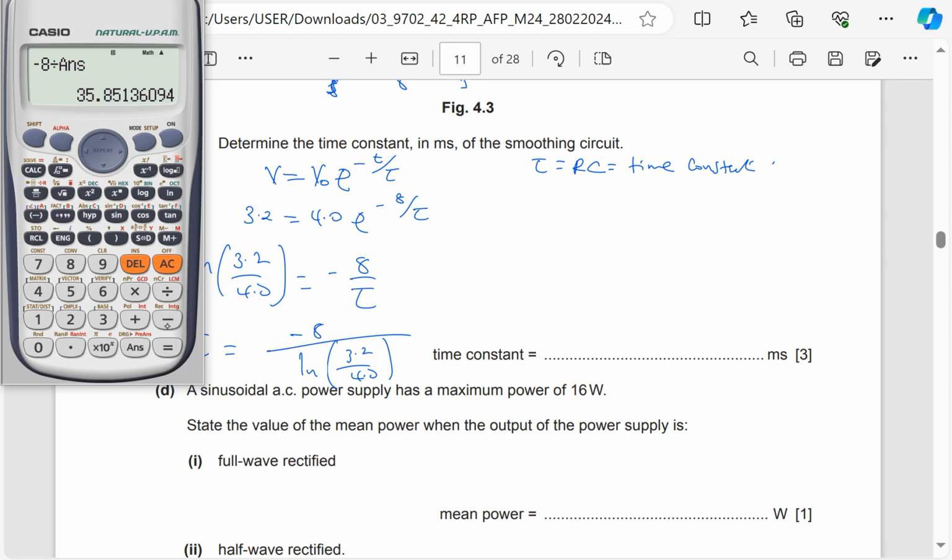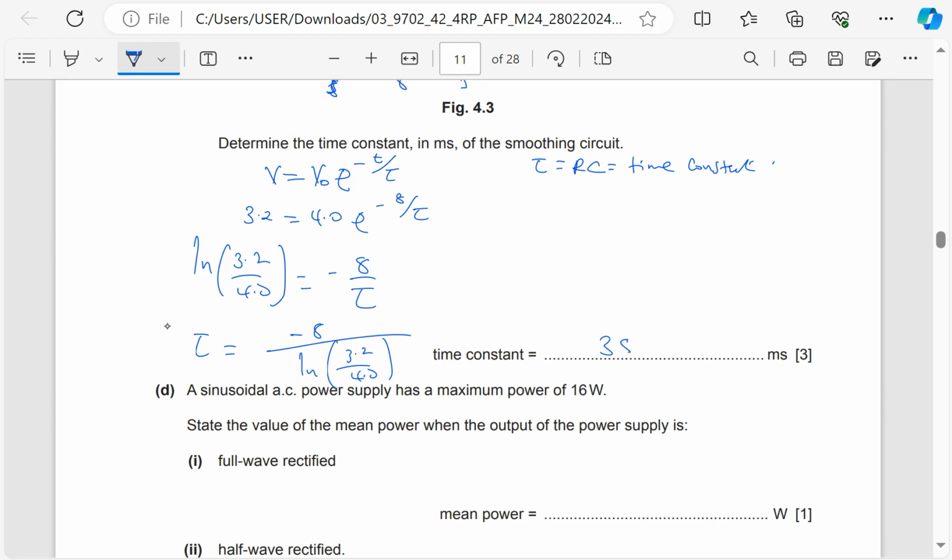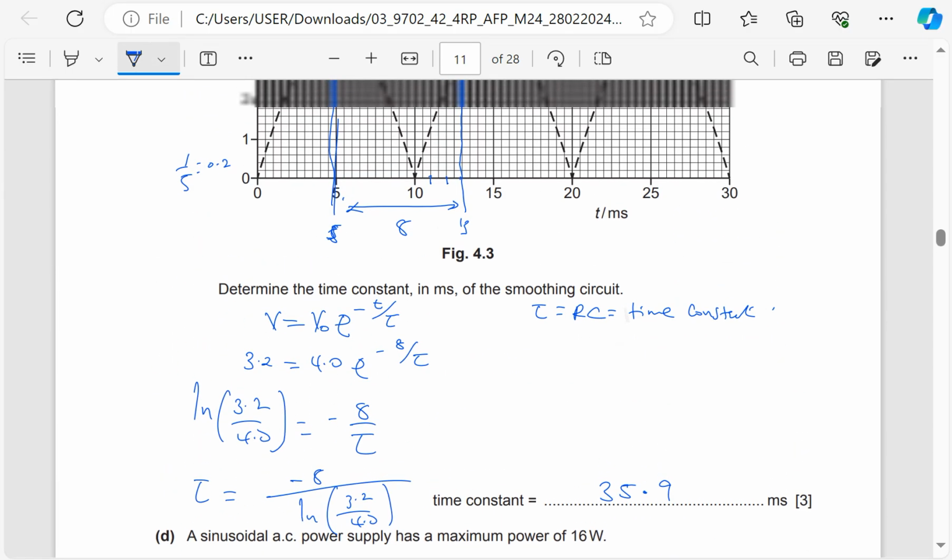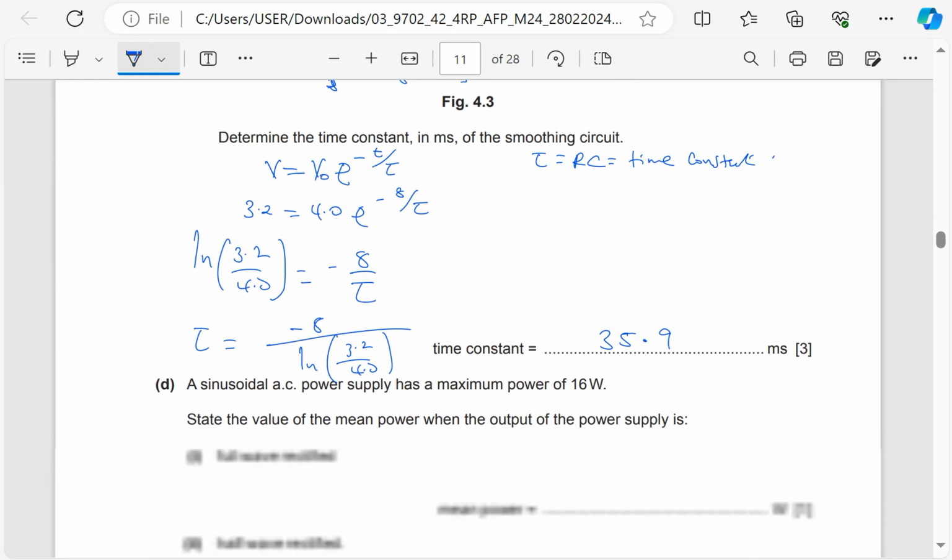Or I can write 35.9 milliseconds. It is milliseconds because I didn't change the time from milliseconds.